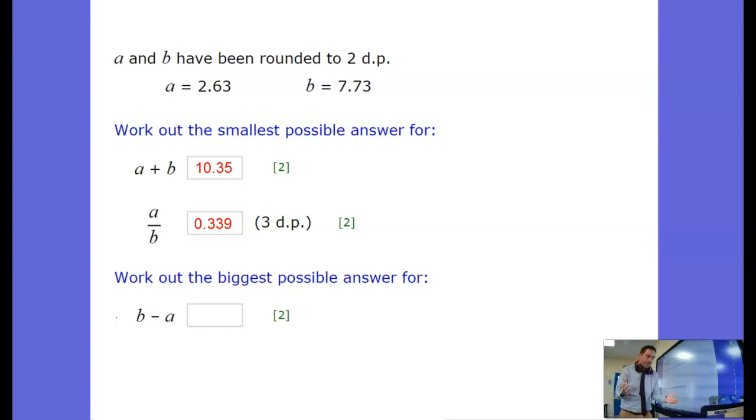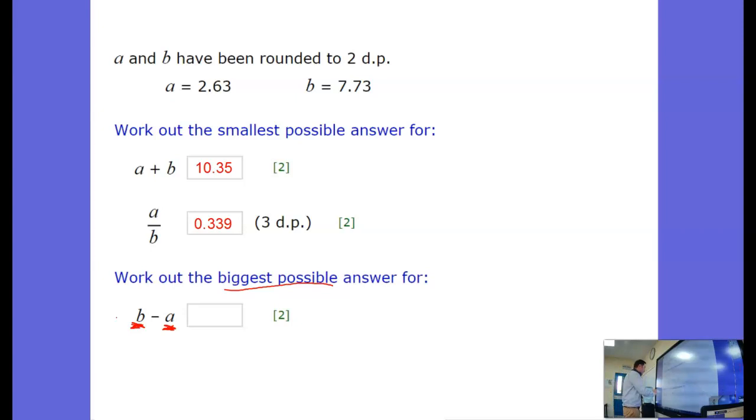Okay, biggest possible answer when we're subtracting. Again, try and get your head around this. Think about your bank balance. How am I going to get the biggest bank balance? Of course, it's start with a big balance, and then I want to take away very little. That's how I'm going to have the most money in my bank.